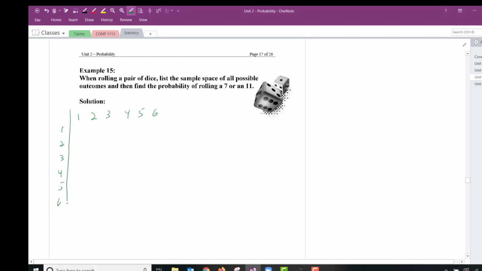I'm looking for totals. So sometimes I roll a 1 and a 1, and I get a total of 2. And sometimes I roll 1 and 2, I get a 3, 1 and 3, 1 and 4, etc. And these are my totals. And I can build the whole chart here. I could roll a 2 with a 1, and that's a 3.